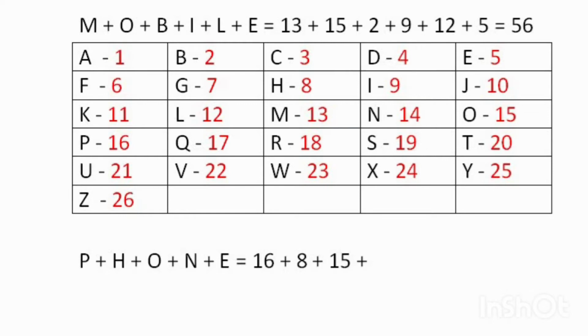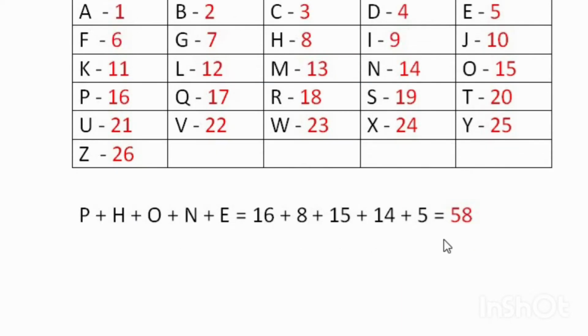The 14th letter is N. So 14 plus E, the value of E is obviously 5. When you add these numbers, you will get the value as 58. So the answer is 58, or font can be written as 58.